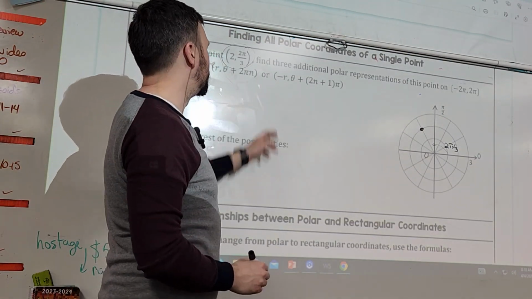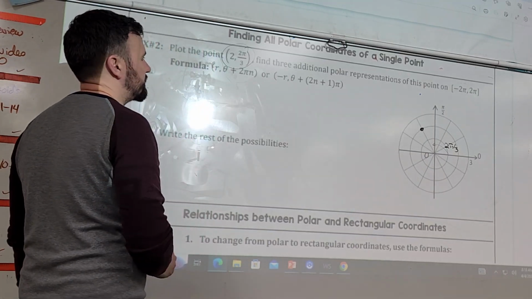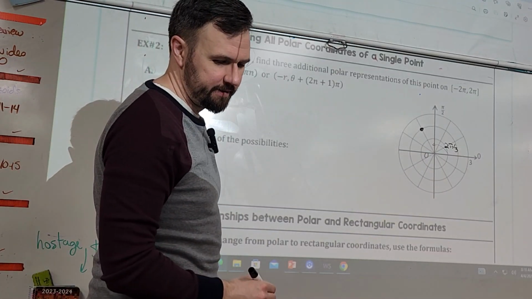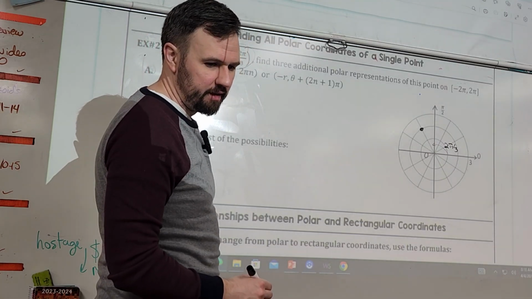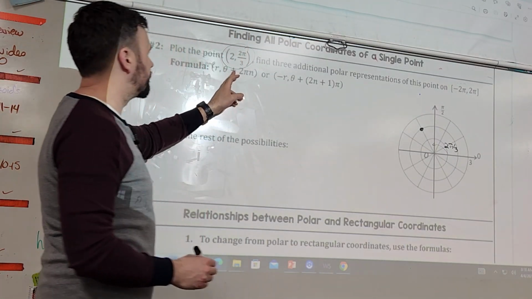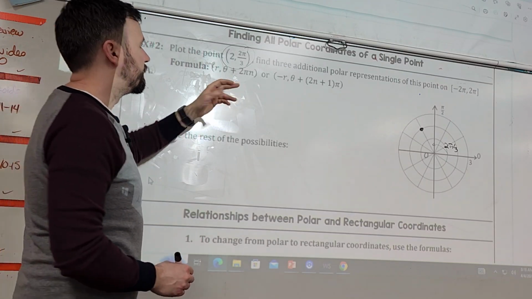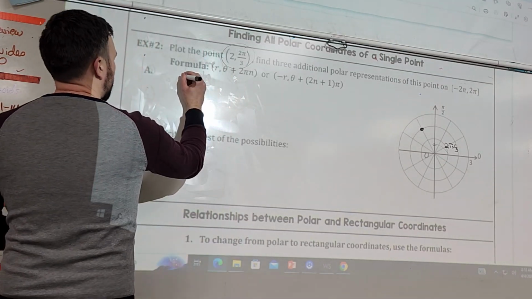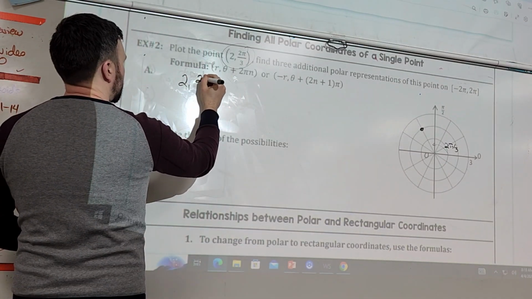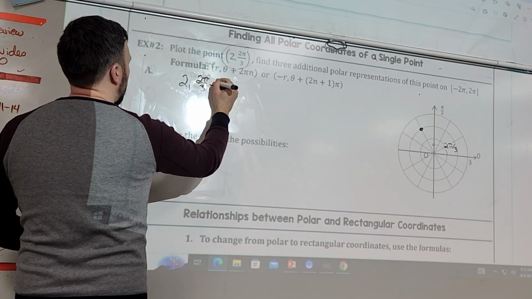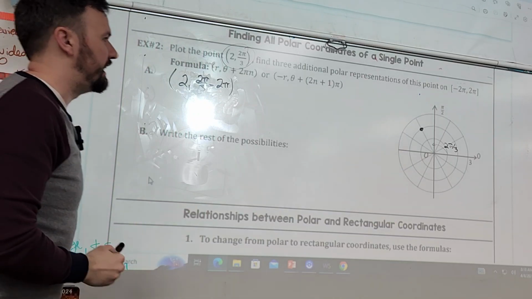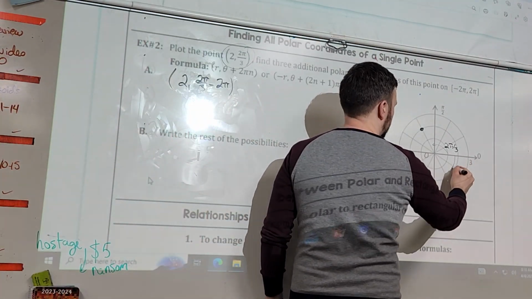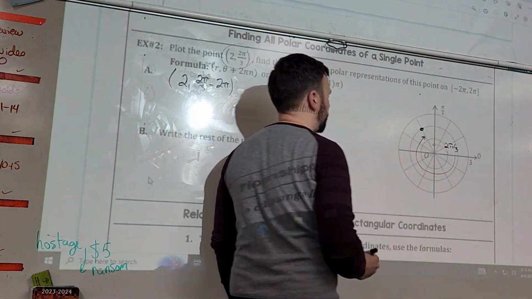So I could use these formulas. One is just, that won't work though, that takes me out of it. I could add or subtract 2 pi, right, to my theta. So I could do (2, 2 pi over 3 minus 2 pi), right? Because that's just going to take me, instead of the positive way, the negative way, right?